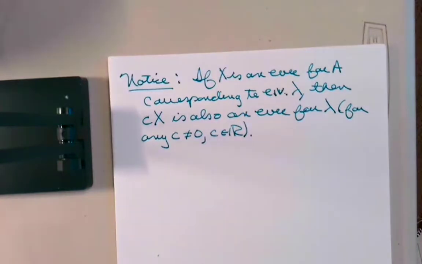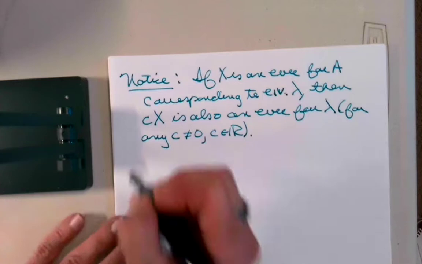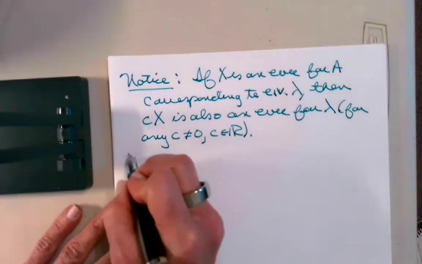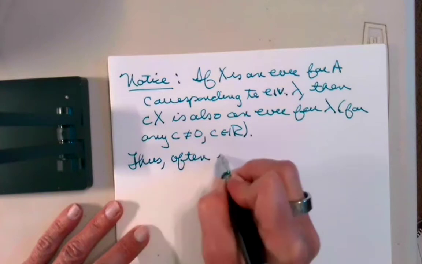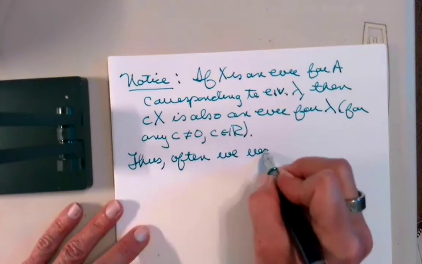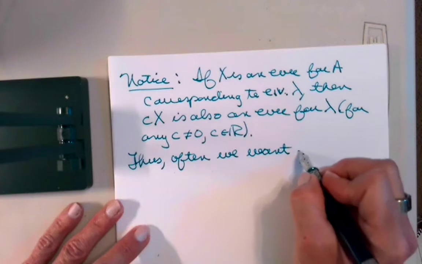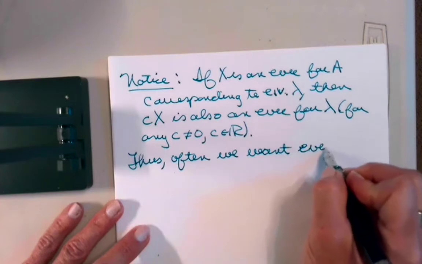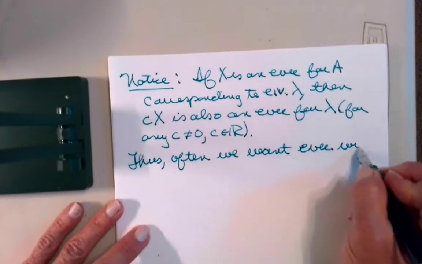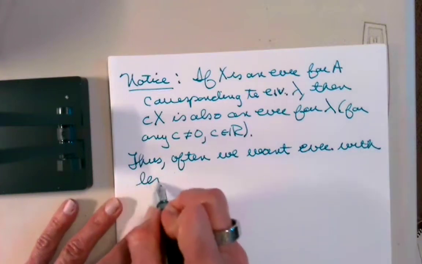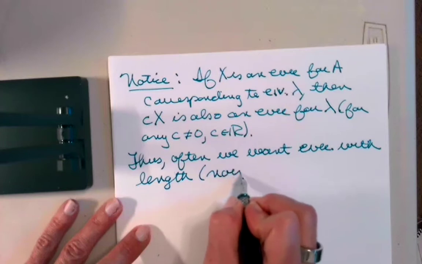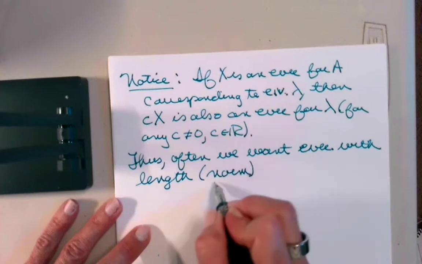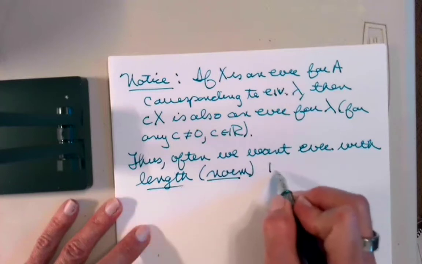Okay, so any real multiple of it is also an eigenvector. So thus often we want eigenvectors with length 1, which we really should say norm 1.